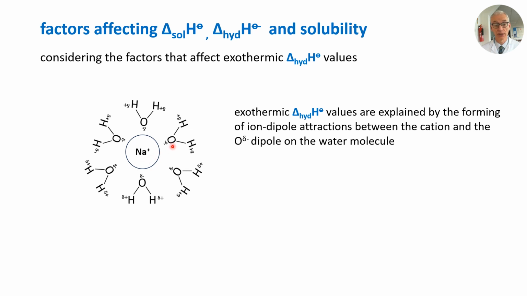Forming attractions is of course exothermic. What would happen to the size of those attractions, the value of the enthalpy of hydration, if the ion was more positive rather than a sodium plus? What about if it was a magnesium 2 plus? Pause and make your prediction.